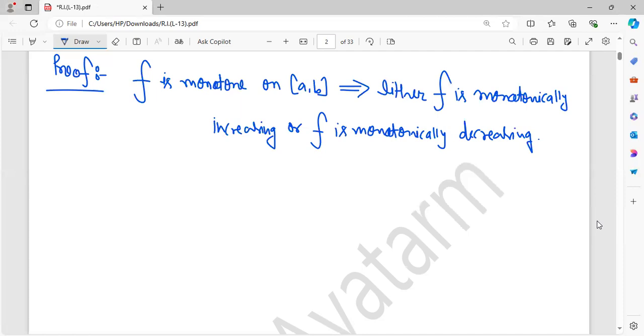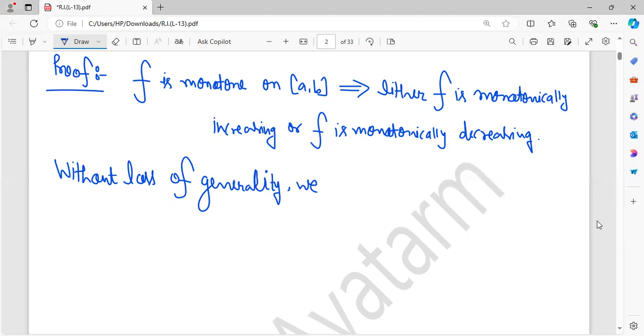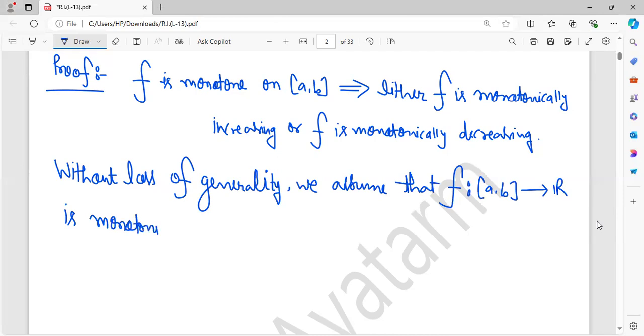So without loss of generality, we assume that f from closed interval [a, b] to R is monotonically increasing. The same proof can be repeated for monotonically decreasing as well.